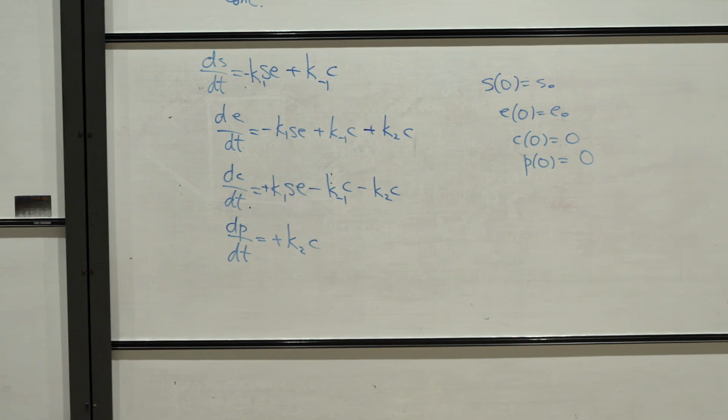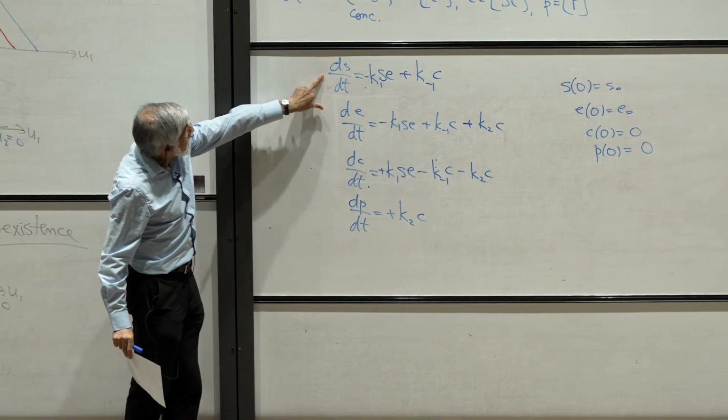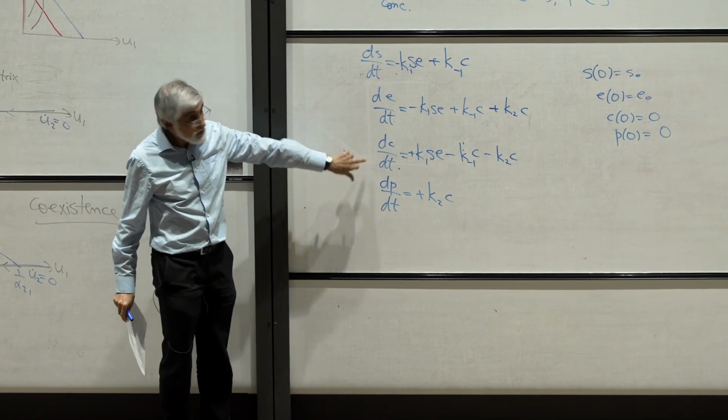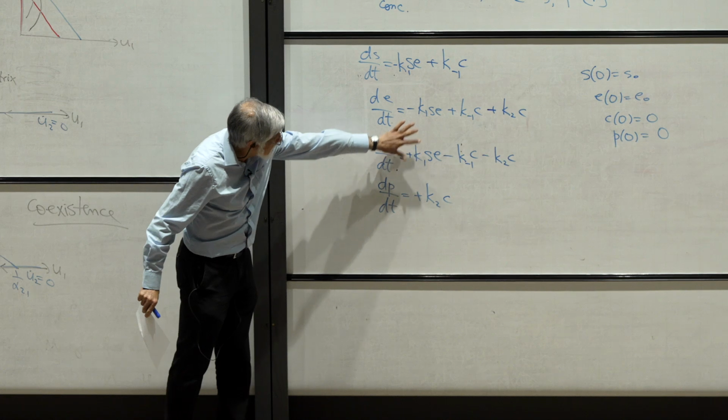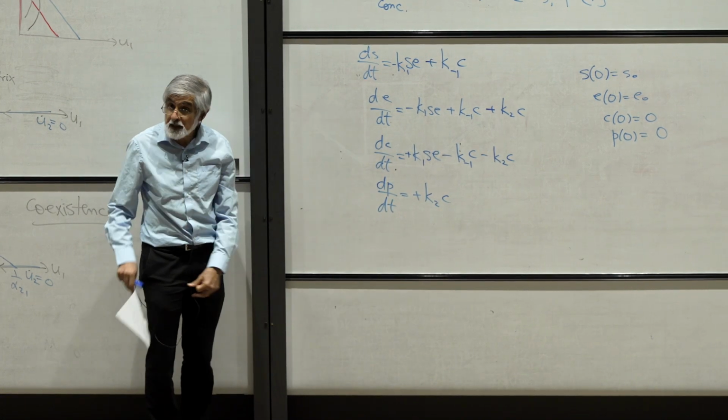So the first thing to notice is these don't have P in them. So we could solve these and then substitute into there and get P. So P is uncoupled.